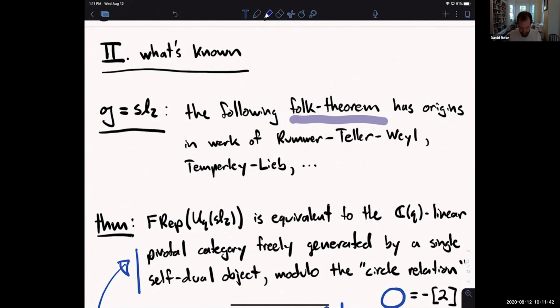And then certainly some of this stuff was discovered in some form by Temperley–Lieb. And maybe just to fill in the picture a bit, this then later appeared in work of Kauffman and Jones in some form, revisited by Kuperberg, and we'll see more of that in a second.